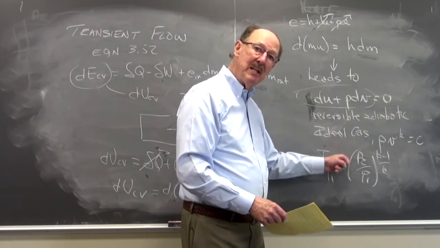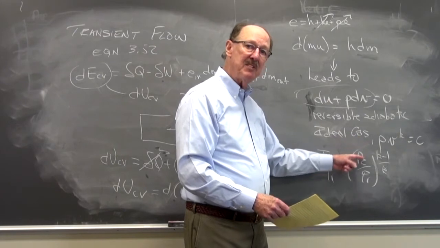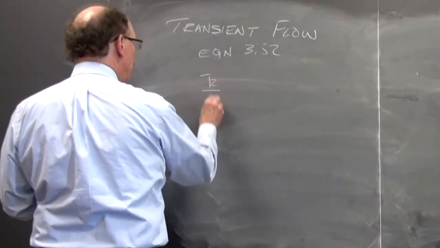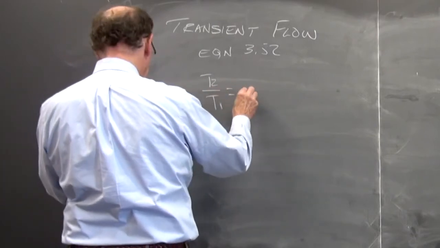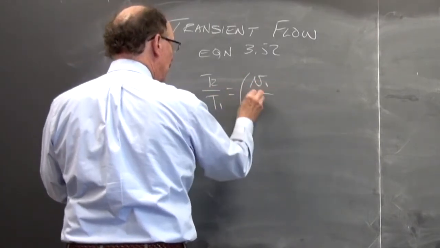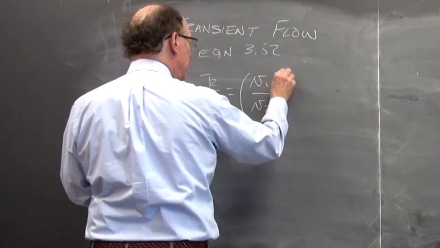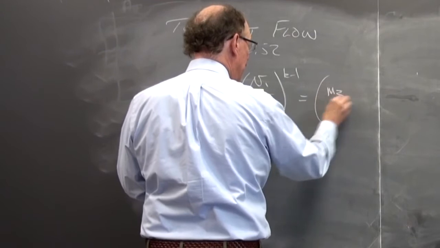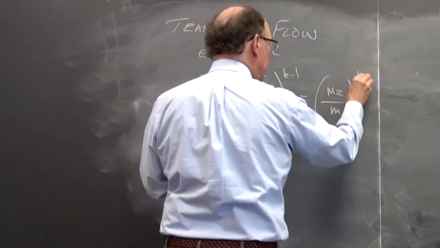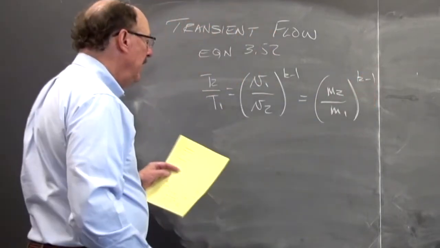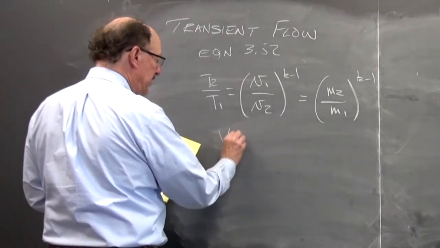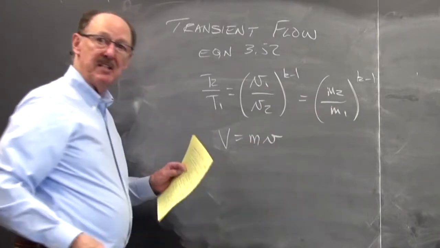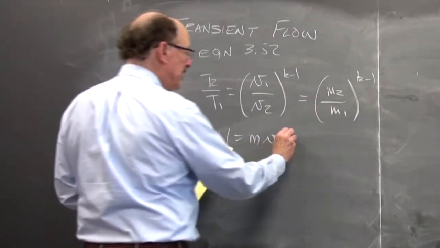And we have other relationships related to the mass, etc., that's in the tank. So I have T2 over T1 is equal to V1 over V2 to the k minus 1, is equal to M2 over M1 to the k minus 1. And notice that V is equal to the mass times specific volume, and that's what we have here. The mass times specific volume is equal to a constant.